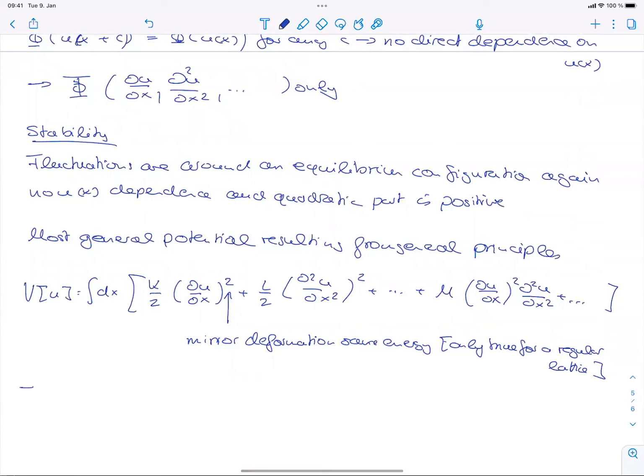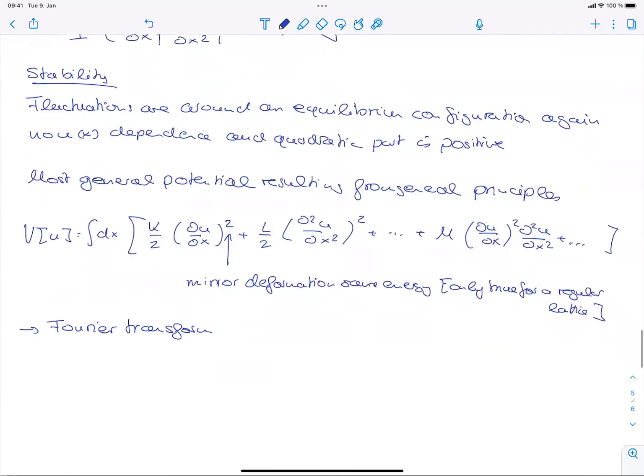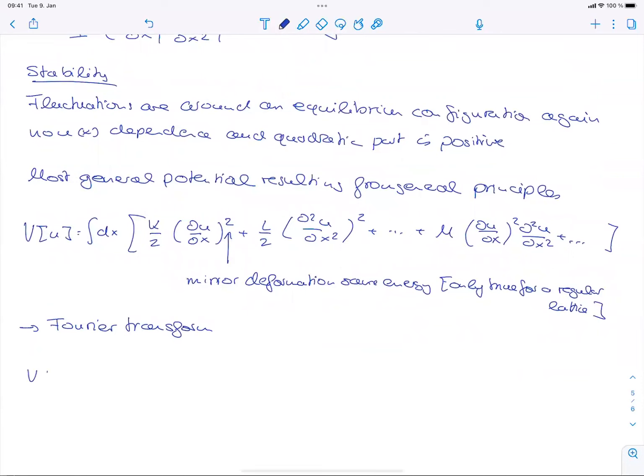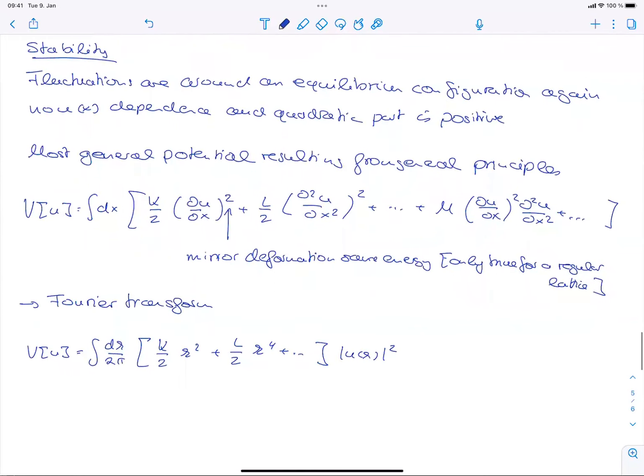We do so in the same fashion of taking the Fourier transform, which is a little easier, because right away we have k over 2, k squared plus L over 2, k to the 4, U over k squared. And then the interaction terms, yes?